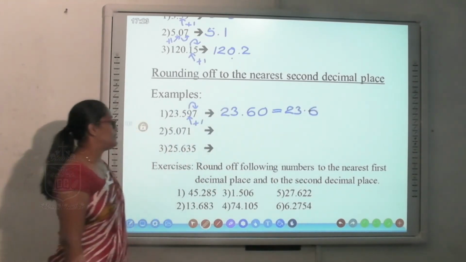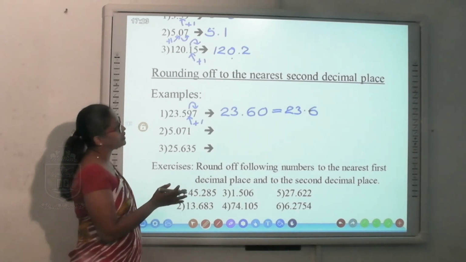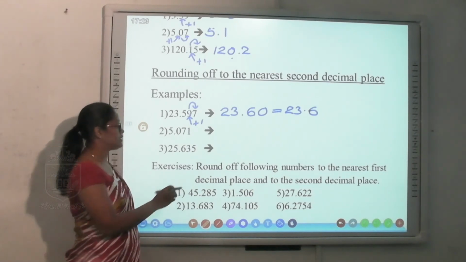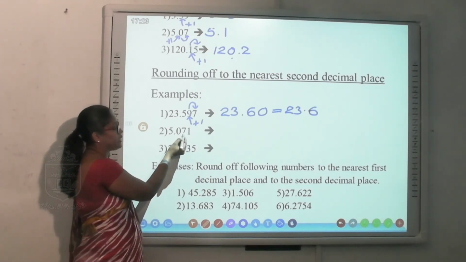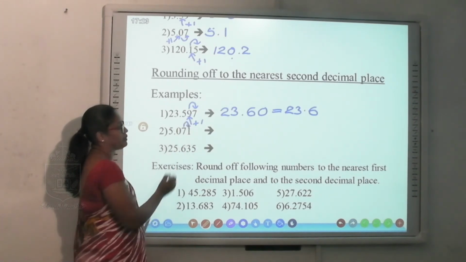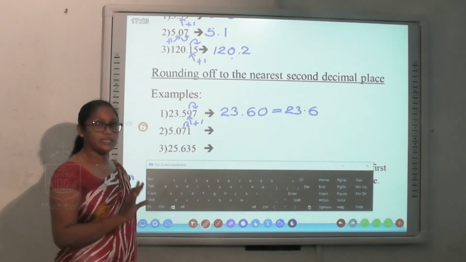Okay, we'll look at the second question. Our target is to round off this number to the nearest second decimal place. So I will find the second decimal place, that is 7 here. So you should look at the third decimal place. Now you can see that the number in the third decimal place is less than 5.